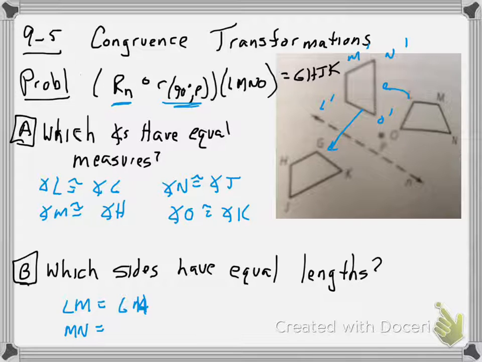Apologize, got confused a little bit. MN is congruent to HJ. NO is congruent to JK, and OL is congruent to KG. So again, it's in the names.